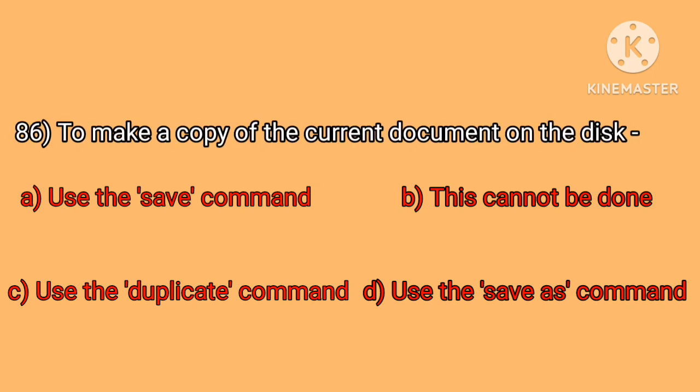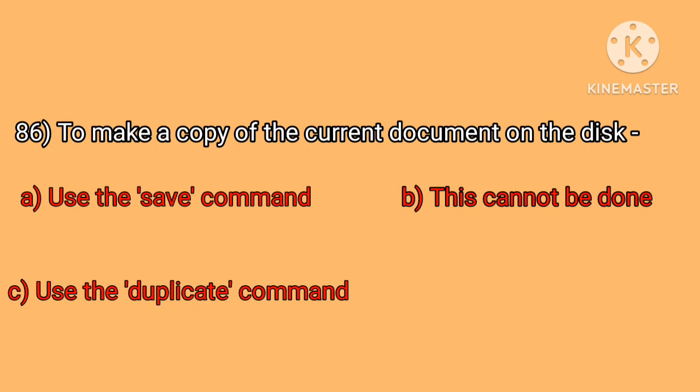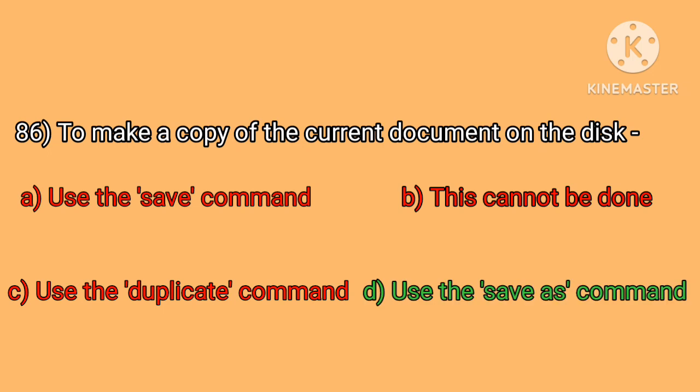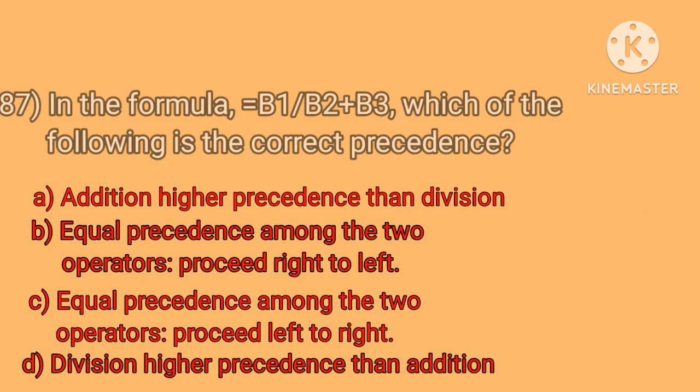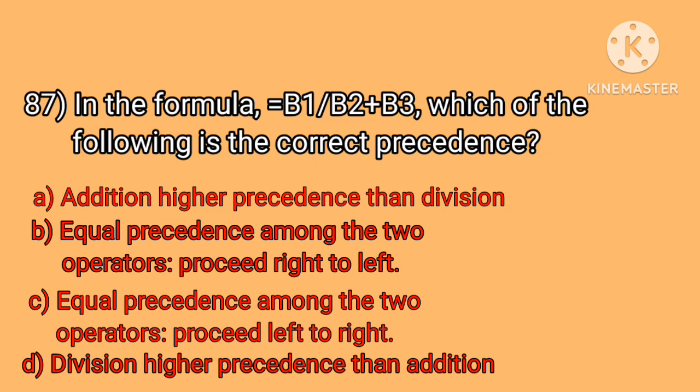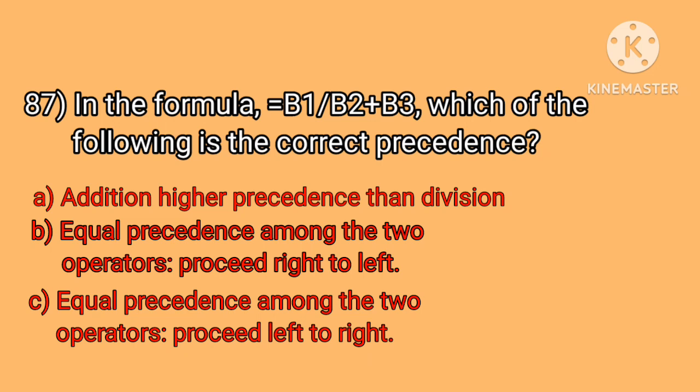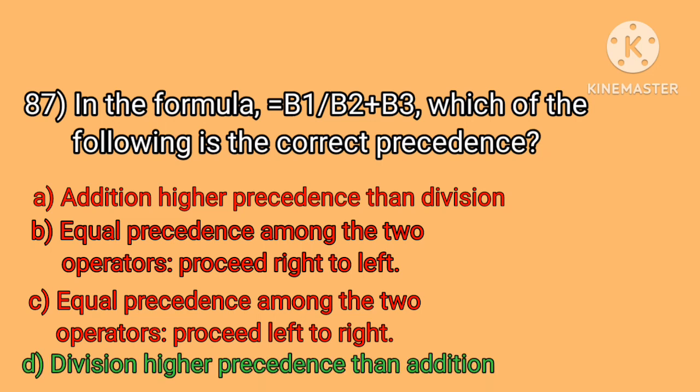To make a copy of the current document on the disk, use the save as command. In the formula equal B1 divided by B2 plus B3, which of the following is the correct precedence? Division higher precedence than addition.